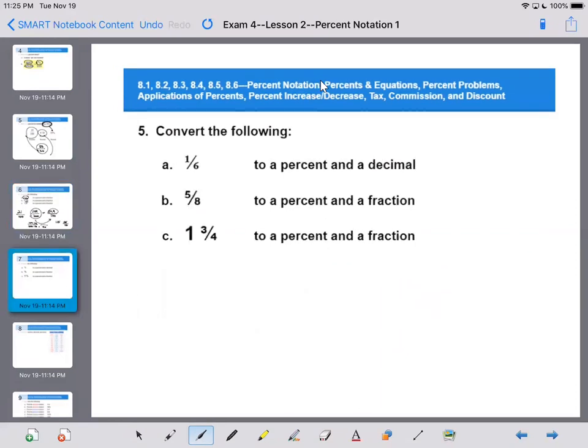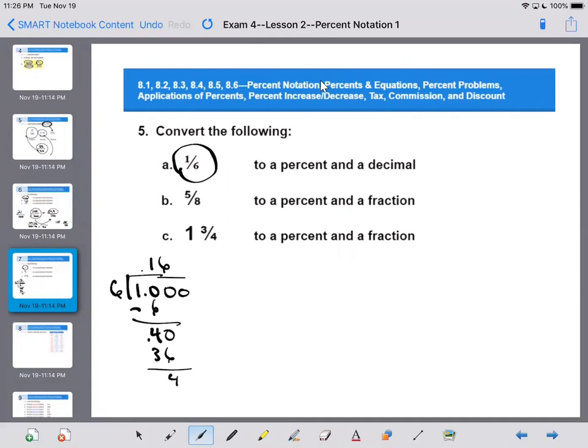If I want to take 1/6 and change it to a percent and a decimal, okay? Well, for one, the long division way is just to go ahead and divide this as it is, okay? And then what you're going to see happen is a repeating decimal, because 6 is a multiple of 3.